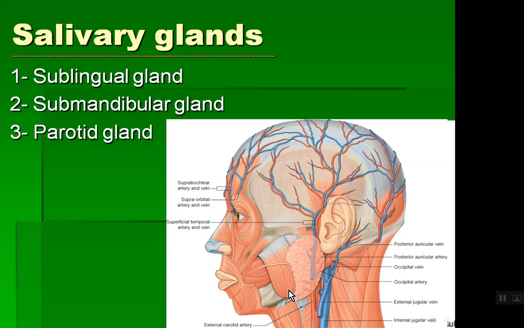It is the parotid gland, and it also has a duct for secretion near the second molar teeth in the upper jaw, and it has the most volume of saliva in comparison to the sublingual and submandibular glands.